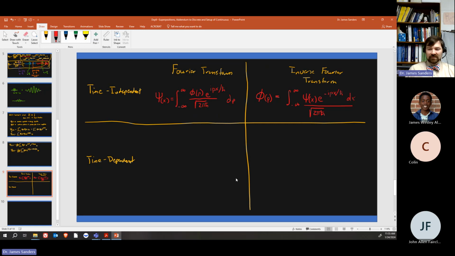Time dependent basically looks like what we just wrote on the previous.